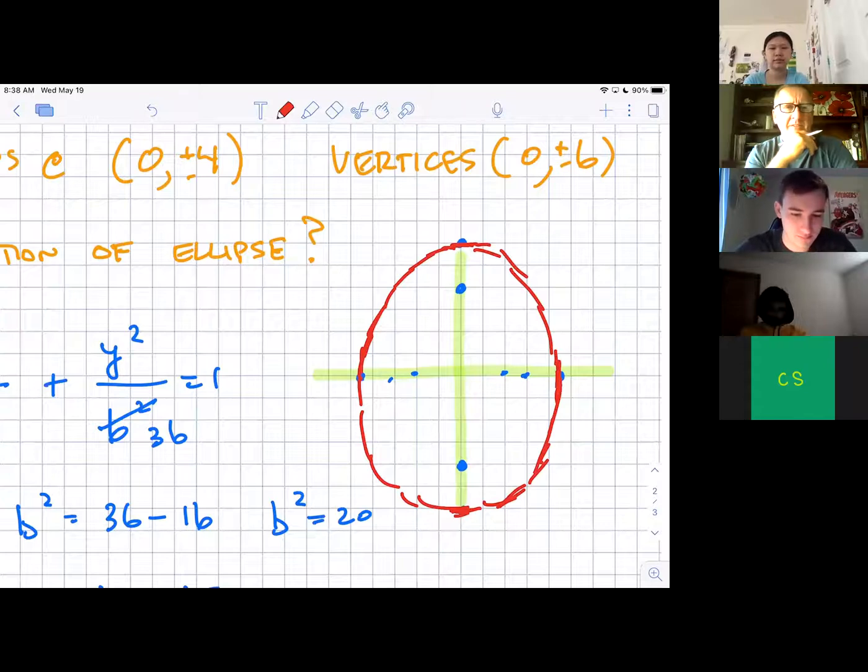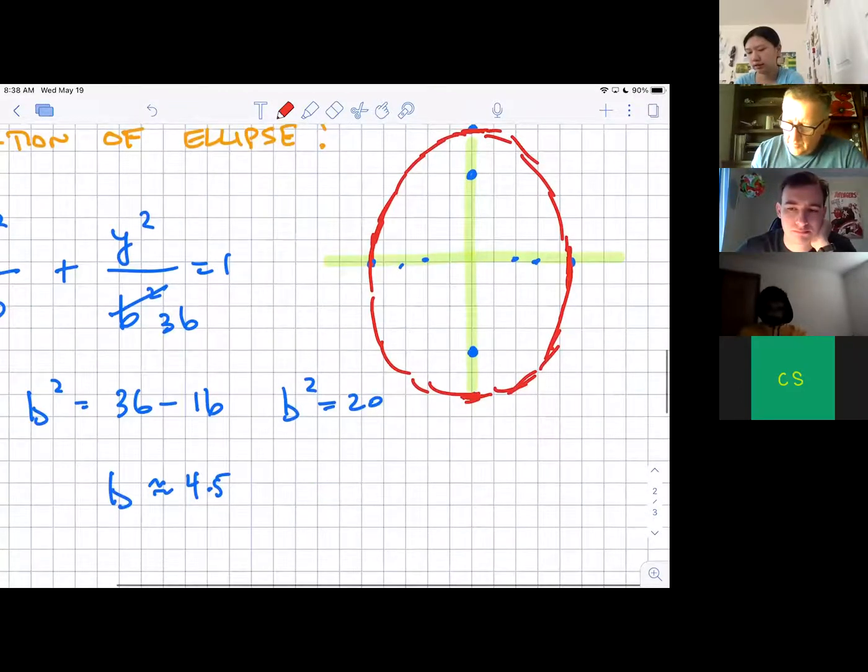Could you guess the eccentricity for this based on what I said a minute ago? Are we talking about something that's more like E is 0.3 or E is 0.8? Remember, E equals 0.9 is super long and skinny.